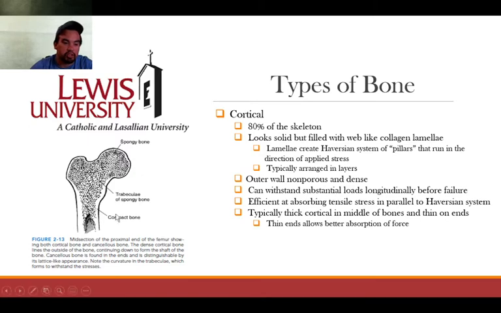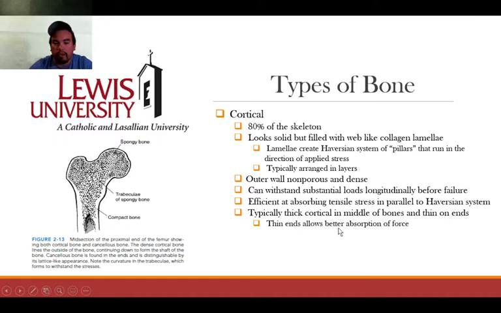So as long as it's parallel with these forces here, you can see how this compact bone and the trabeculae of the spongy bone all are around. It starts filling these up, and you can see how these move in different directions. So this little section here that looks like a V, this bone's going to be great at handling forces within this area, and this is going to be good at handling forces in this plane here.